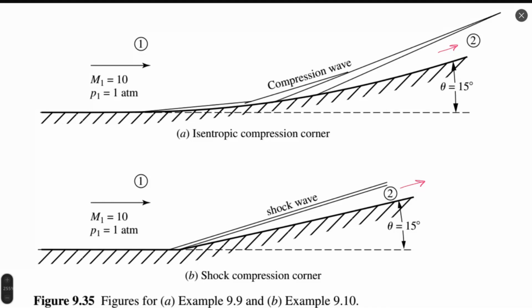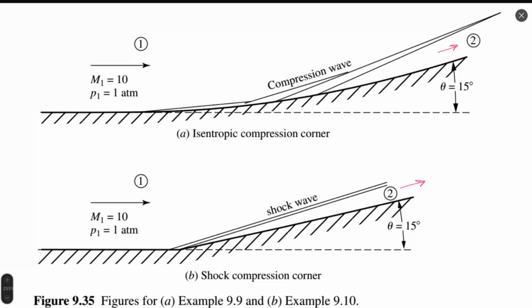So let's make such a simple test, such a simple example. I think Anderson also shows how to solve it in example 9.10. But we can see here, just for you to understand the process of calculation of such structures.